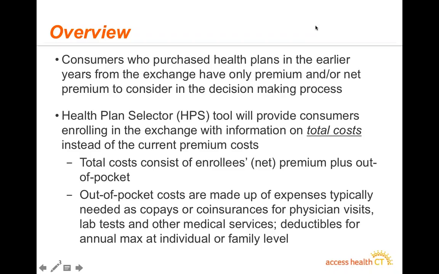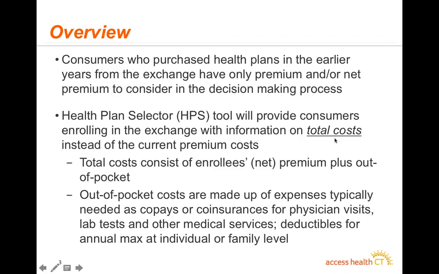So the total cost of enrollees, as I define total cost, is not only the premium or net premium, which is net of subsidy, but also how much they will have to pay. For example, if I go to a doctor, I may have to pay, depending upon my plan, some copay, or I may have to pay the full amount before I meet the deductibles, etc.